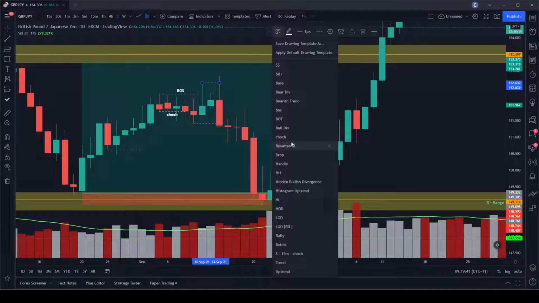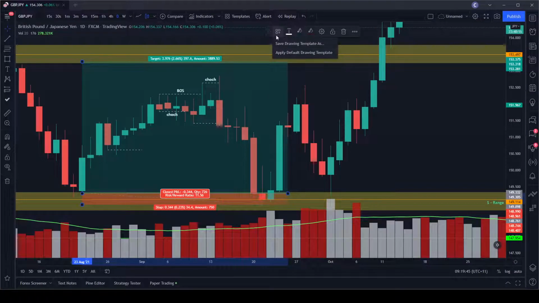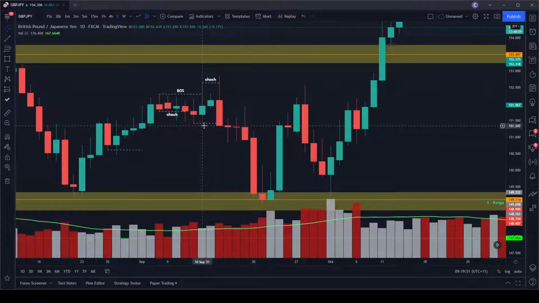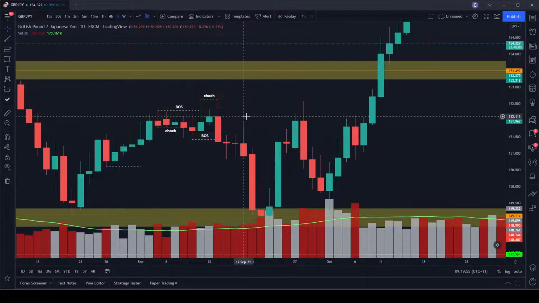All right, now I've got a BOS. Let me just delete this. So break of structure. I've got a CHoCH on the lows, so broken the lows, and got a break of structure on the highs. So that's just ranging.